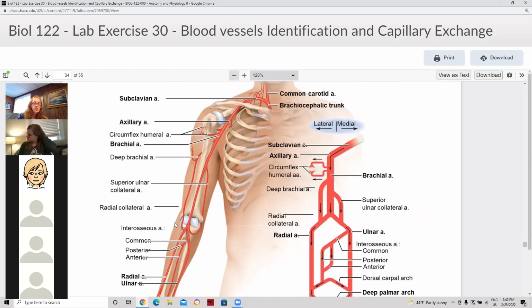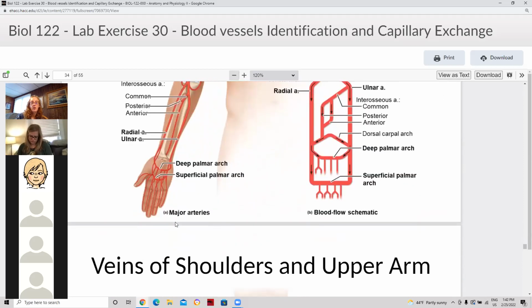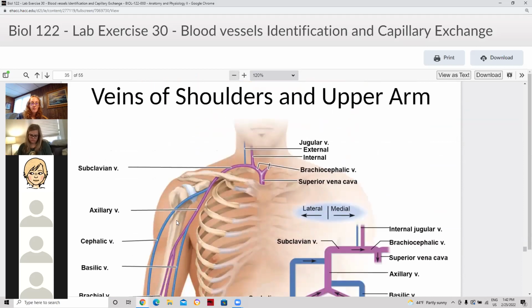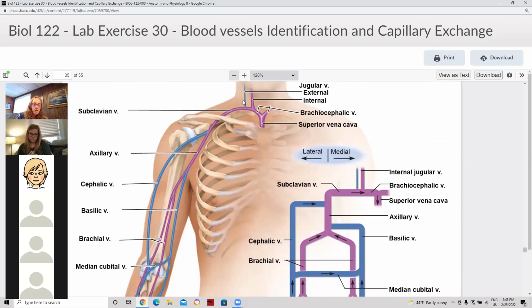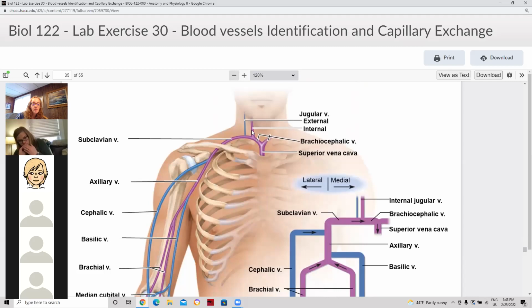Showing that same depiction. Veins, the external and internal jugular veins, moving into the brachiocephalic vein, which the two brachiocephalic veins are merging to form the superior vena cava.